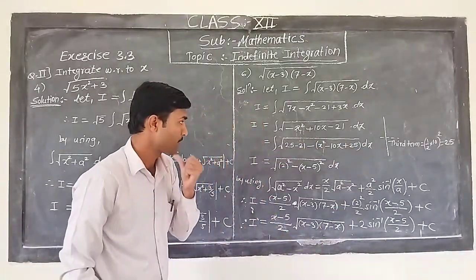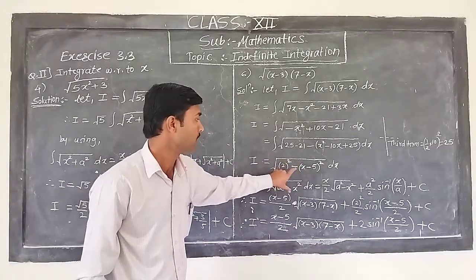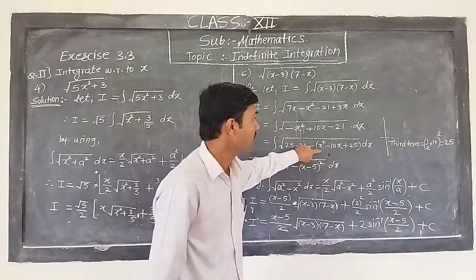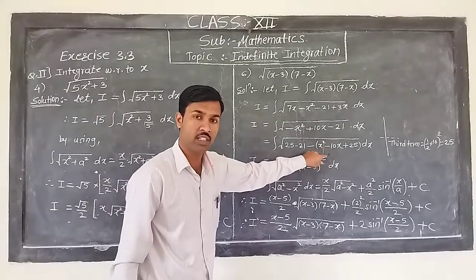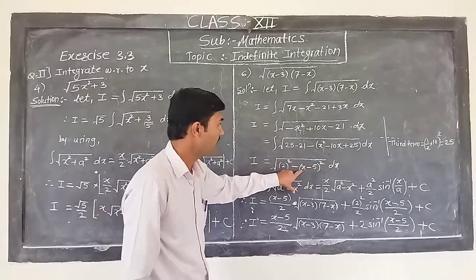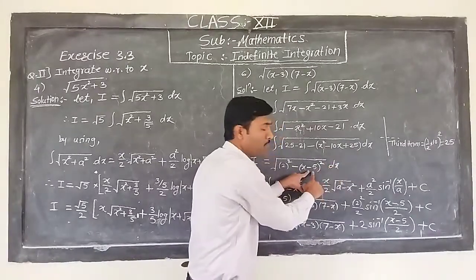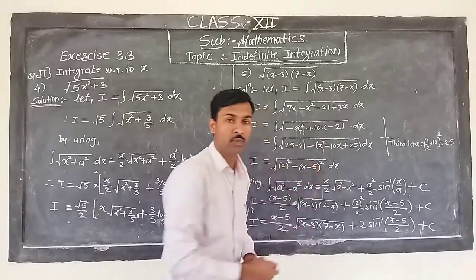Now in the next step, 25 minus 21 is 4, and 4 is 2 square. As we have added the third term here, this term will become a perfect square term. This is x, and the sign of the middle term is minus, and 25 is 5 square, so it will be the perfect square of x minus 5.